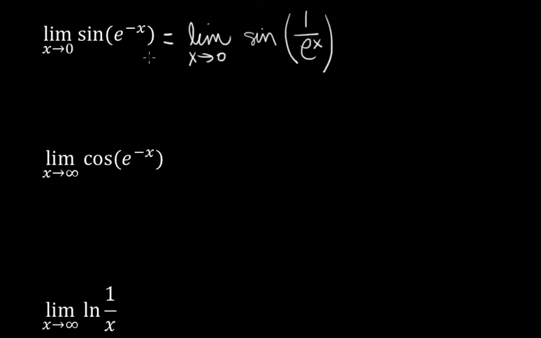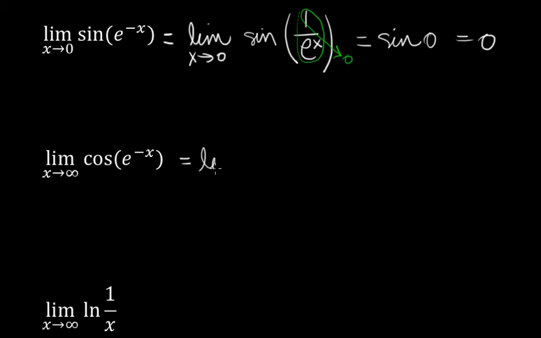The inside function is 1 over e to the x. So I look at that, and I see that e to the x is becoming infinite, and so 1 over e to the x is approaching 0. So this limit will be equal to the sine of 0, which is 0.